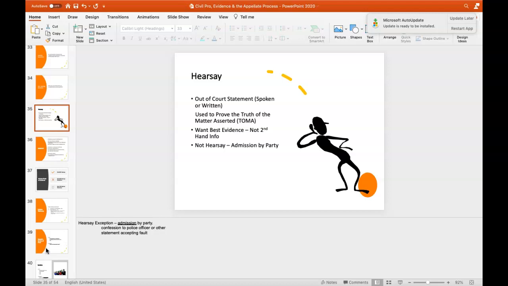The usual rule is that hearsay is inadmissible in court. However, there are exceptions when the law says that hearsay is reliable enough that the court will allow it. One of those hearsay exceptions is an admission by a party, a confession to a police officer, or other statement accepting fault.